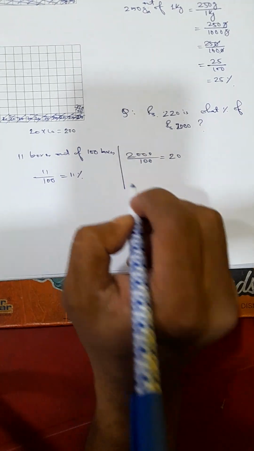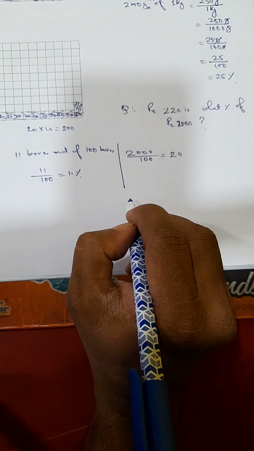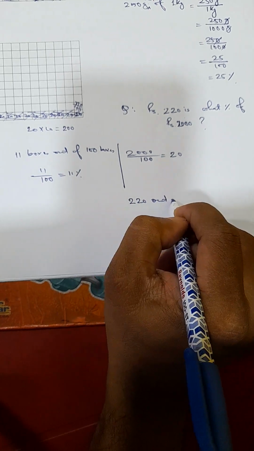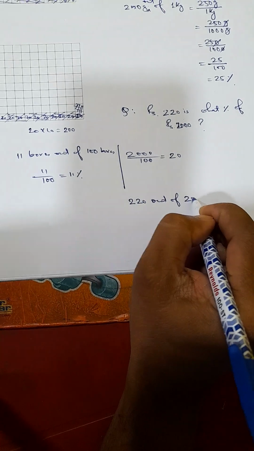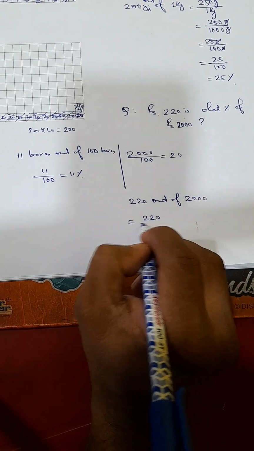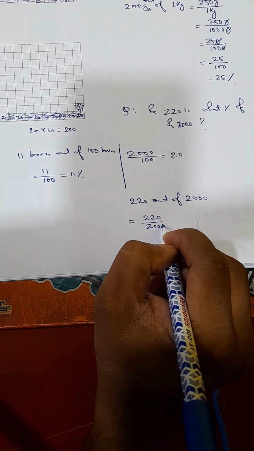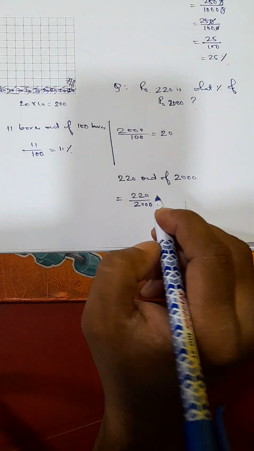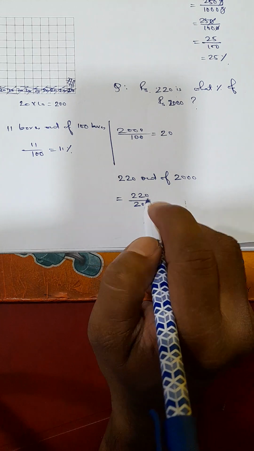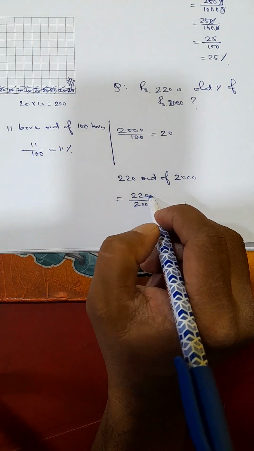We can find it in another way. 220 out of 2000 means 220 divided by 2000. Now we will try to convert the denominator into 100. First we can divide by 10.